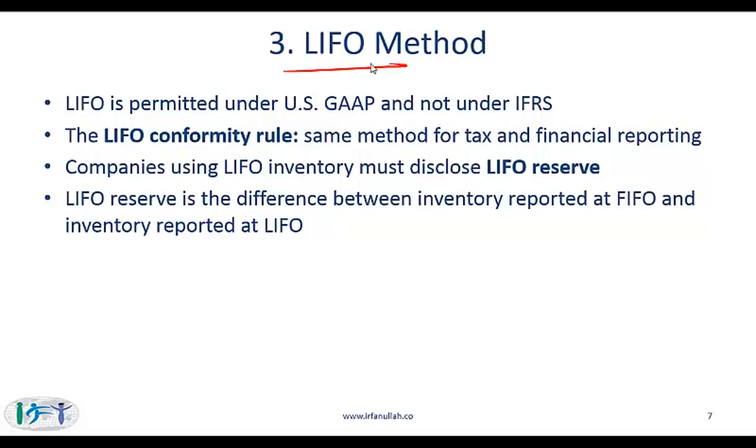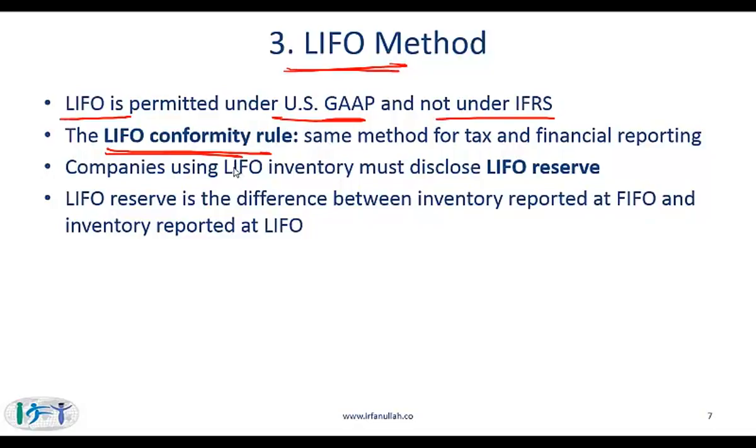Now we come to one of the most important aspects of this reading, which is to understand the LIFO method and how to convert LIFO numbers into FIFO numbers. As I mentioned before, LIFO is permitted under US GAAP and it is not permitted under IFRS. There is a rule called the LIFO conformity rule, which is very important.